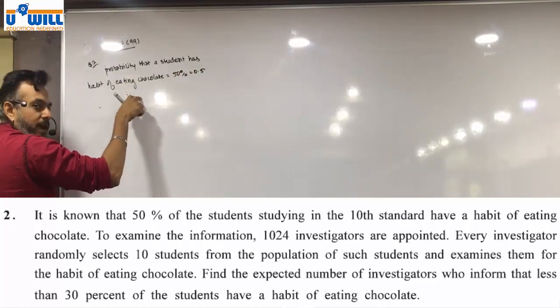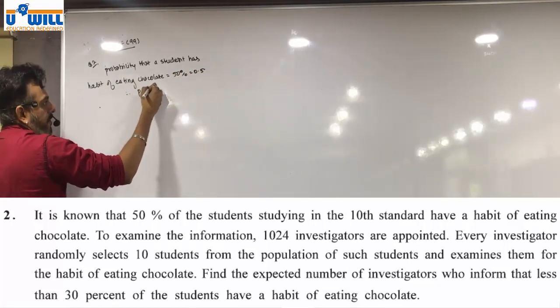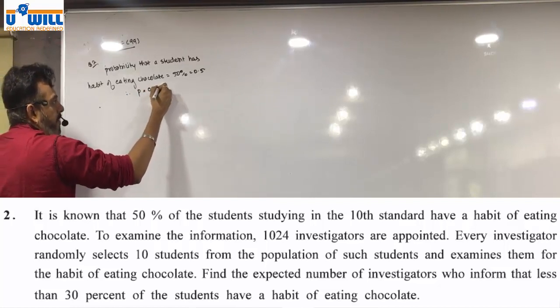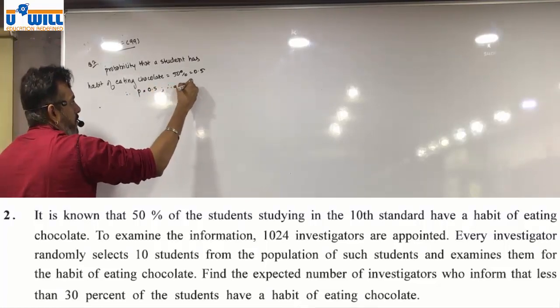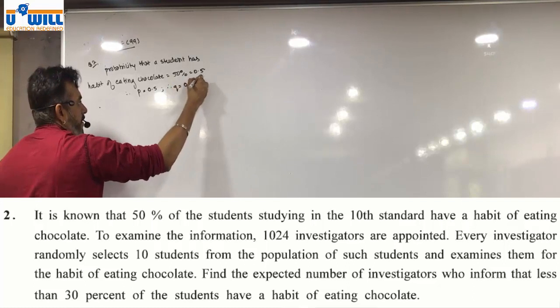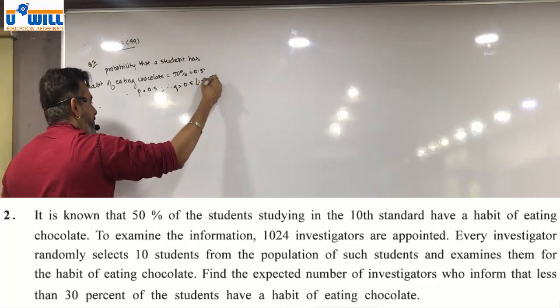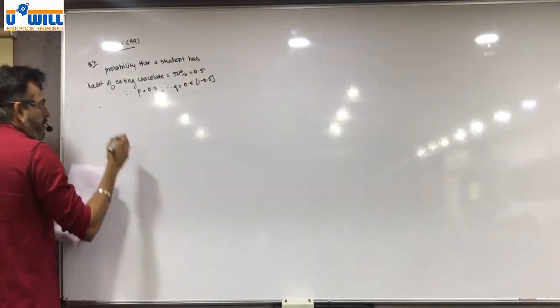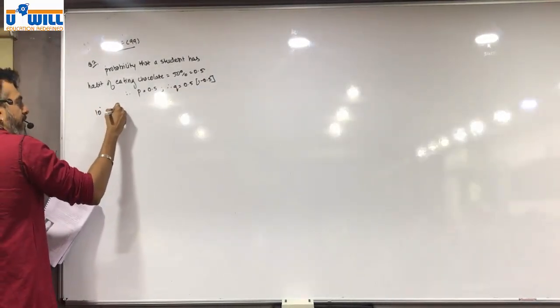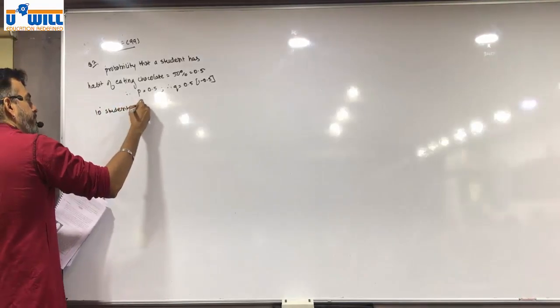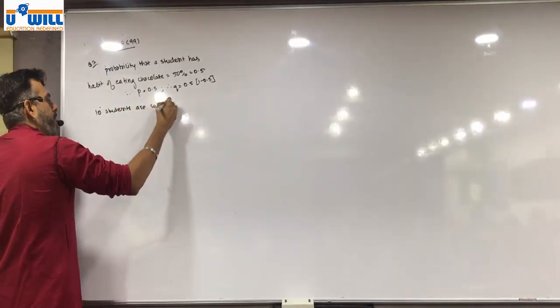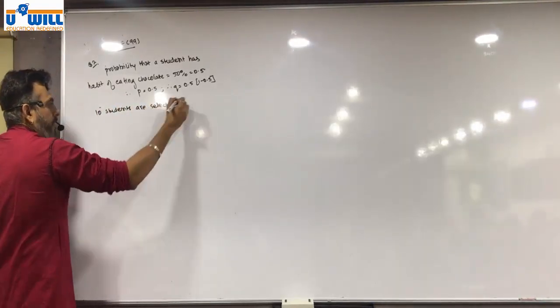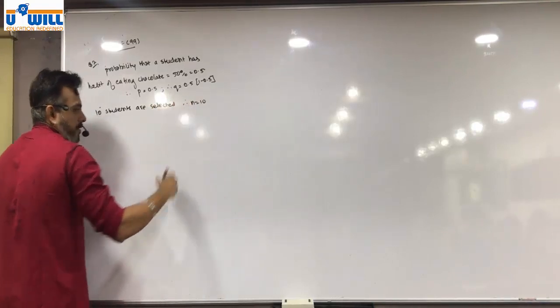This is what I want to find. So probability of success P is equal to 0.5. Therefore, Q is also 0.5, that is 1 minus 0.5. Now, 10 students are selected. Therefore, n is equal to 10.